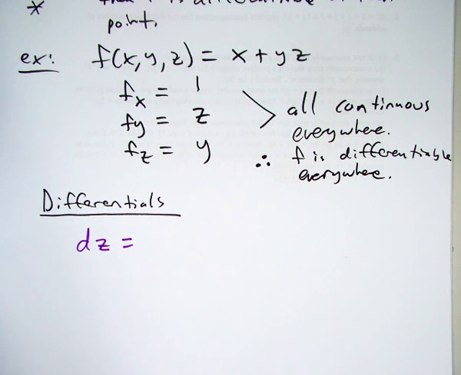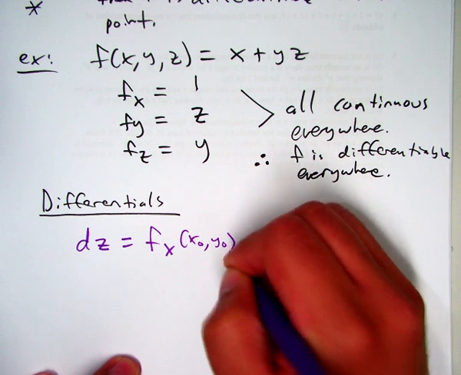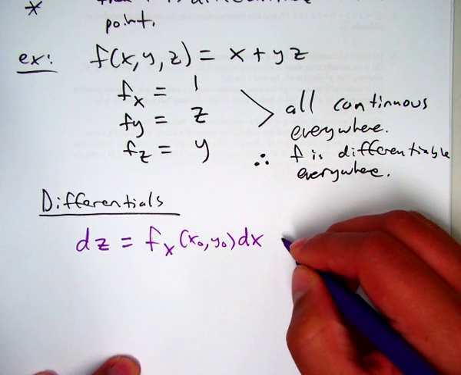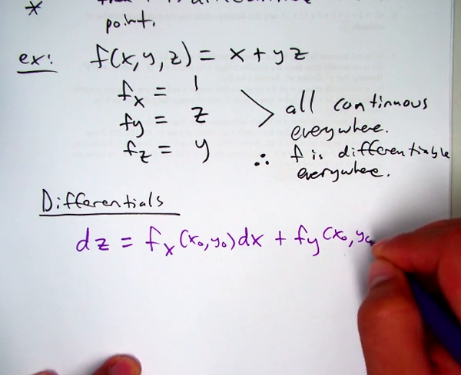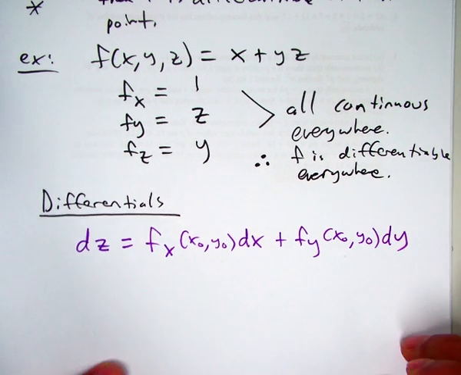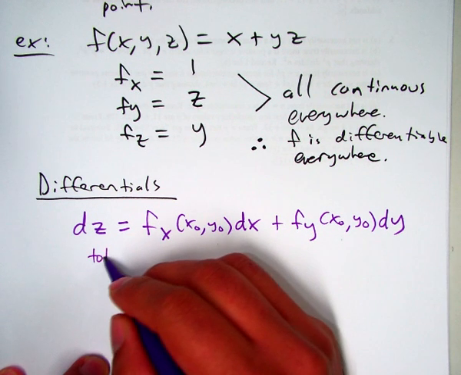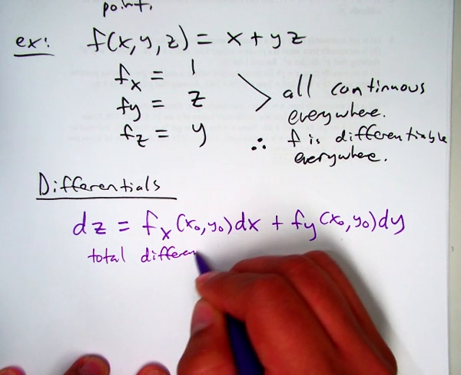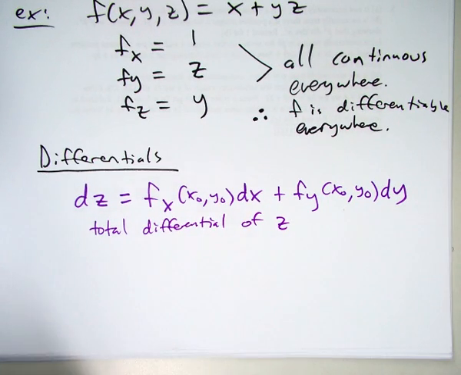The total differential of z is defined as partial x evaluated at a point dx plus partial y evaluated at the point dy, which is very similar to the formula we talked about yesterday, which was an approximation. We call this the total differential of z. Yesterday we had a formula that looked like this.